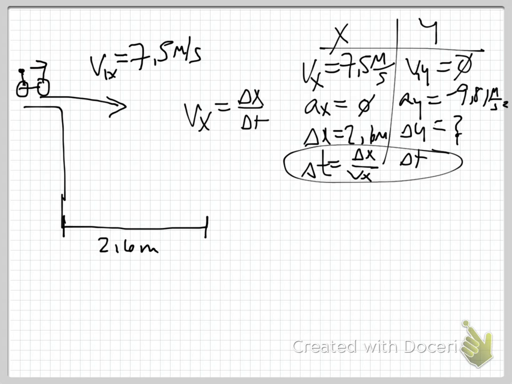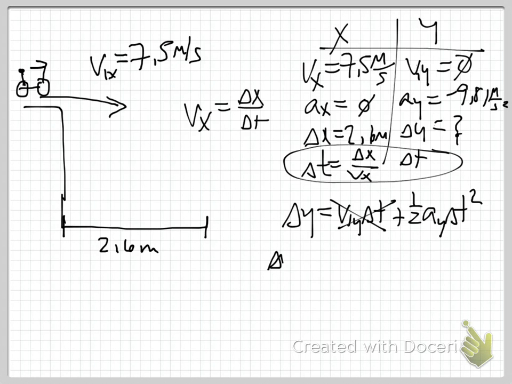And then on the y-axis, everything else lines up to use delta y equals VIY delta t plus 1/2 a, and yeah, we can put in that that's on the y, delta t squared. There is no initial y velocity, so that goes away. Delta y equals 1/2 a sub y, delta t squared.